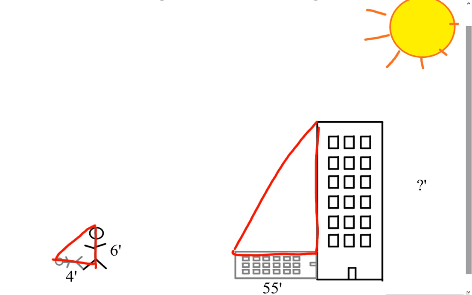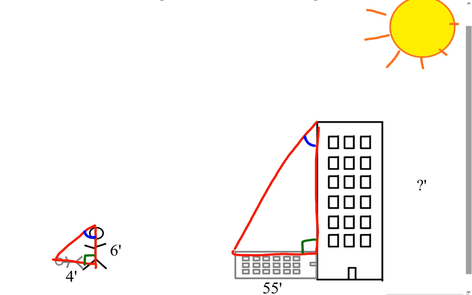And those triangles are going to be similar because when the sun's shining, and as long as you measure shadows at the exact same time, this angle here and this angle here are going to be congruent. Now the other part that we have to assume is that this building was built perpendicular to the ground, making a right angle, and this person stands perpendicular to the ground. So now you have two triangles, two sets of congruent corresponding angles, therefore they are similar.